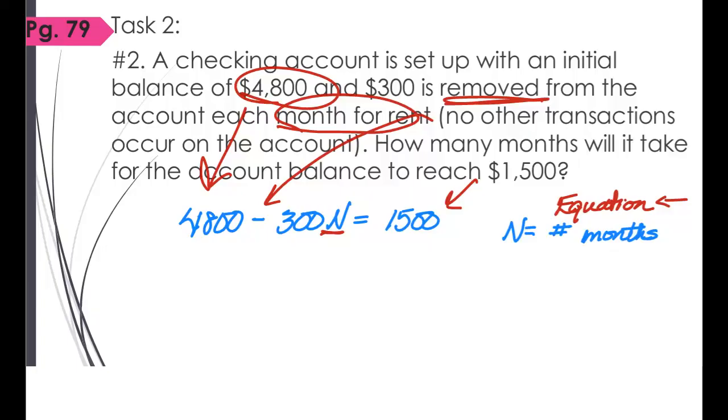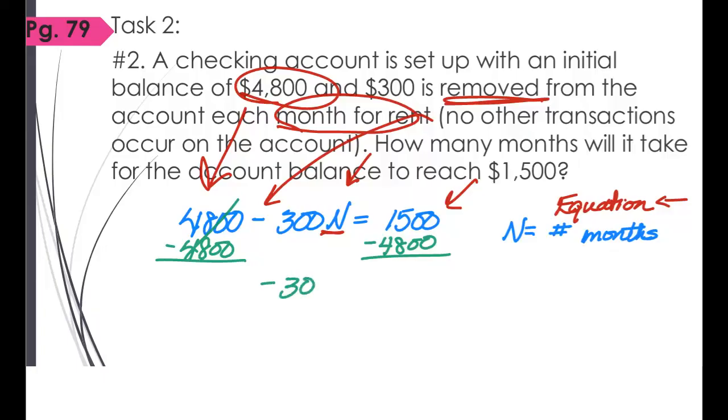Subtract 4,800. Yeah. My variable is here, and it's the only variable term I have. So I'm going to keep the n there, and I'm going to subtract 4,800 from both sides. Miss Thady, do we really need to show this? Yes. Algebra skills are important.